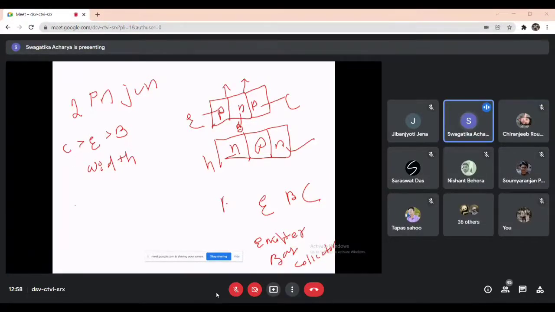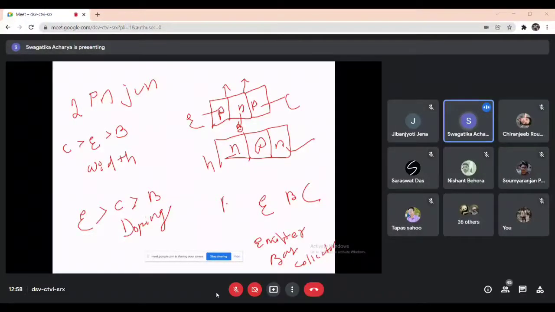According to doping, the emitter has the highest doping concentration, then the collector, then the base. The emitter is heavily doped so that it can inject a large number of charge carriers, electrons or holes, into the base.